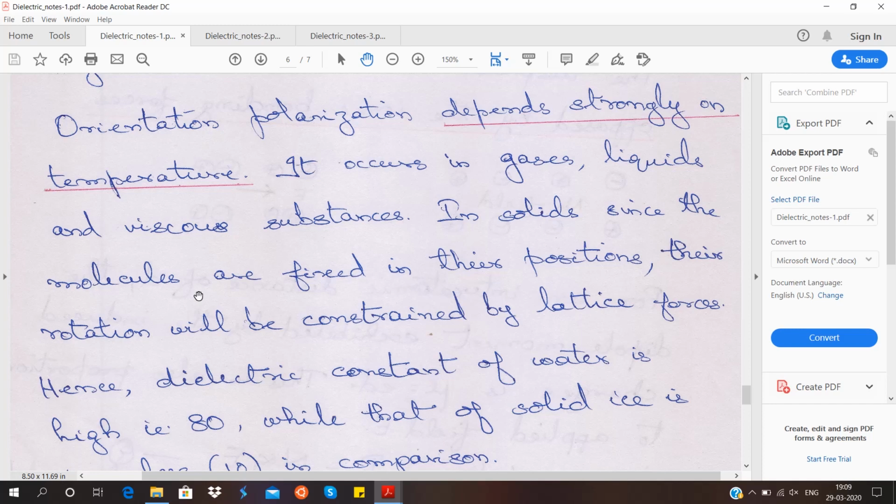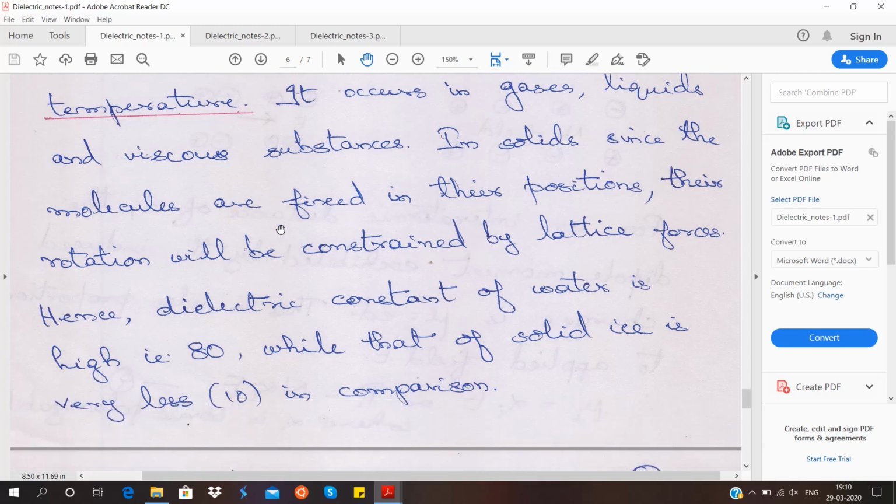Orientation polarization is basically rotation of the molecules, so rotation cannot happen in the case of solids. That's why there is no orientation polarization in solids, but it occurs in gases, liquids and viscous substances. For example, if I consider water, the dielectric constant will be very high, while that of solid ice will be very low, because orientation polarization does not take place in a solid.